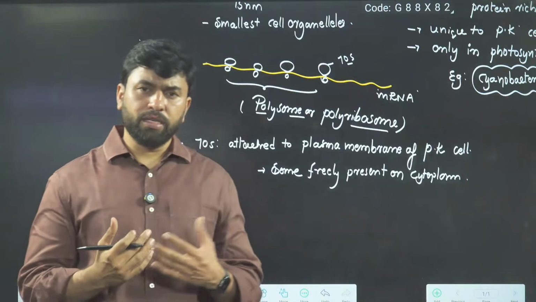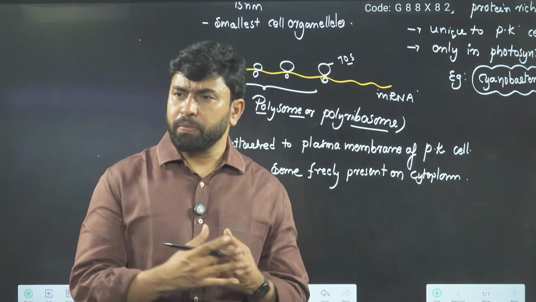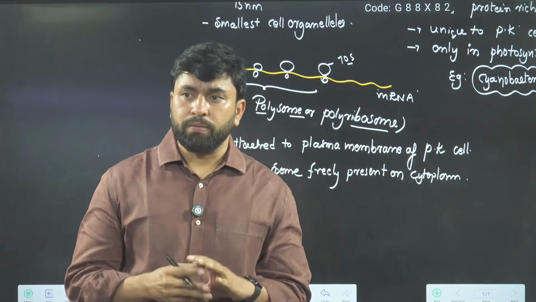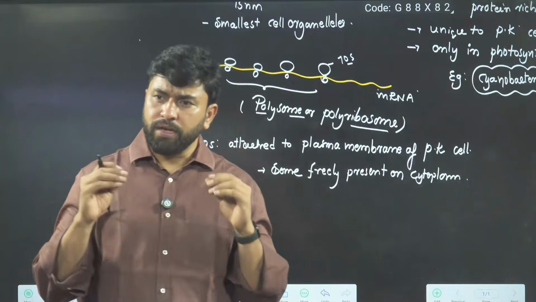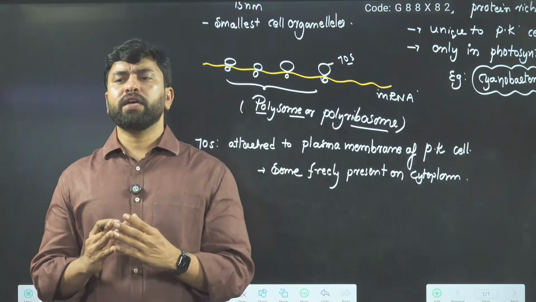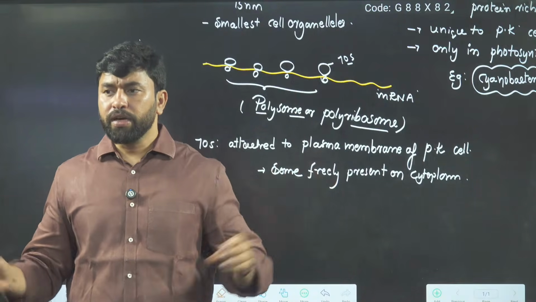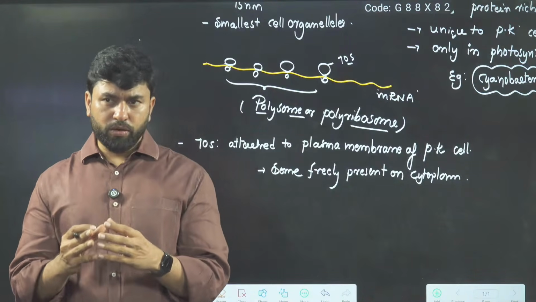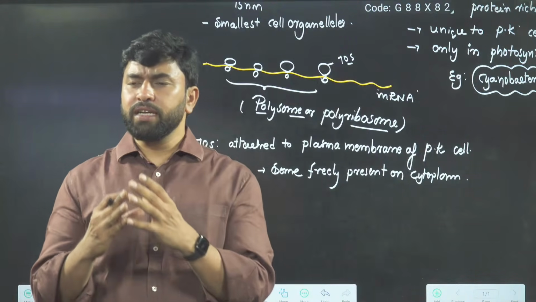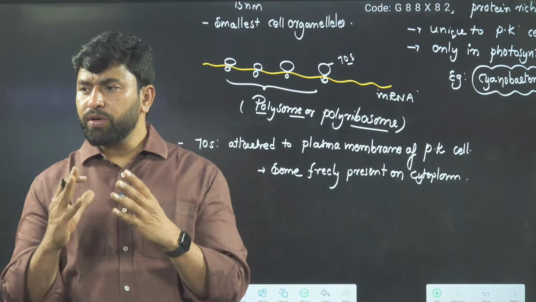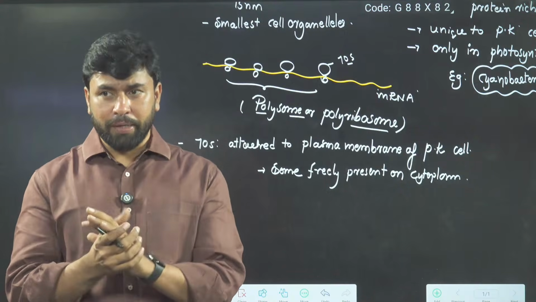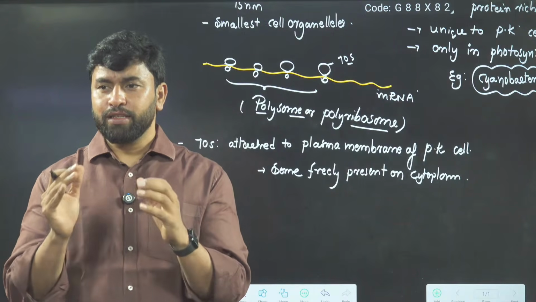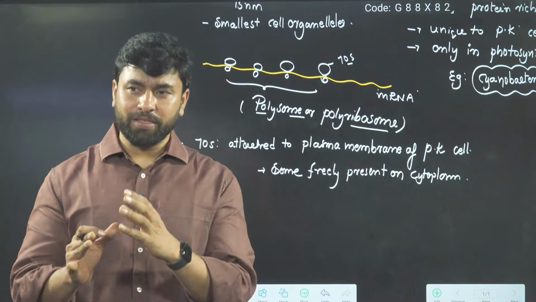Somewhere else we have seen a question in previous papers: there is a presence of ribosomes on the mesosome. That's correct. Mesosomes can also carry ribosomes. There is no exception for that. So 70S ribosomes are either freely present in the cytoplasm, or directly attached to the plasma membrane. Up to this, the discussion belongs to the prokaryotic cell.